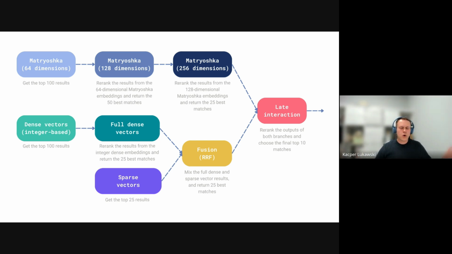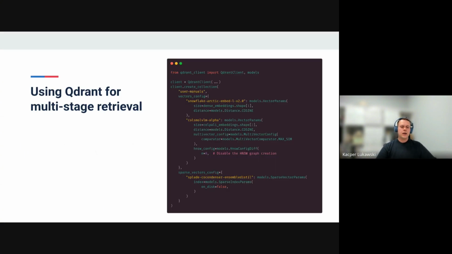So you can use the smallest Matryoshka embeddings first to do re-ranking with huge oversampling, and then reduce the scope of search with longer and longer vectors. And on the other hand, you could combine dense and sparse vectors and fuse them with some RRF that we have built in, and finally re-rank with late interaction. And when you use Qdrant for multi-stage retrieval, you can define all the vectors to be stored in the same collection.